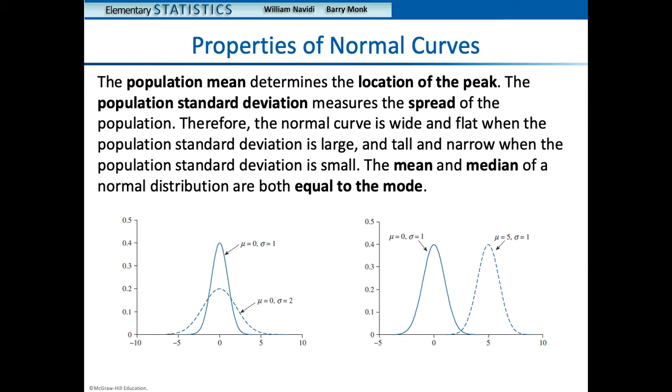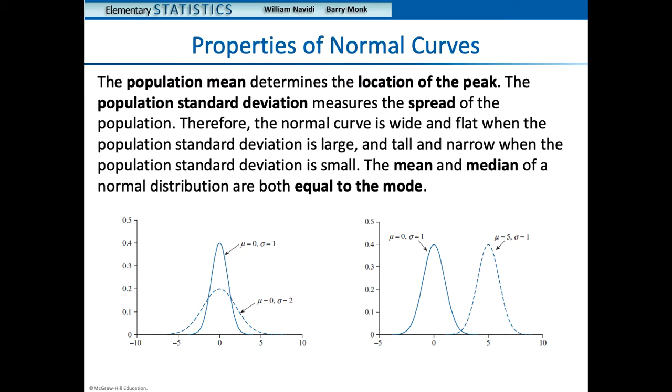They both have means of 0. But the curve illustrated by the solid line is skinnier than the one illustrated by the dotted line, right? The dotted line curve is wider, so it has a larger standard deviation. Specifically, the dotted line curve has a standard deviation of 2. The solid line curve has a standard deviation of 1.